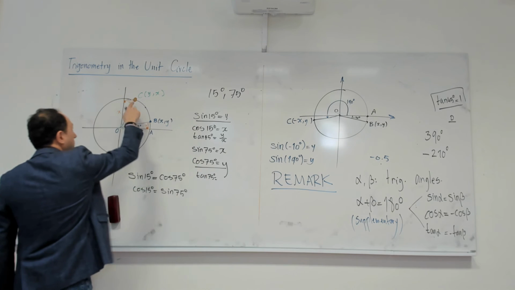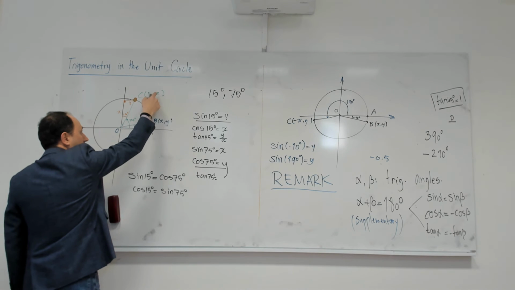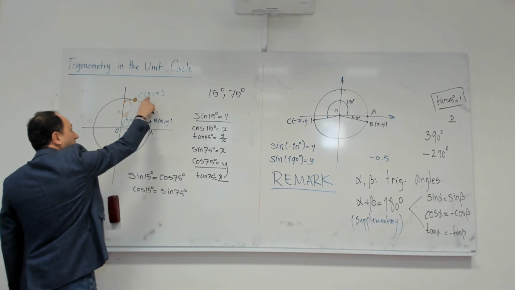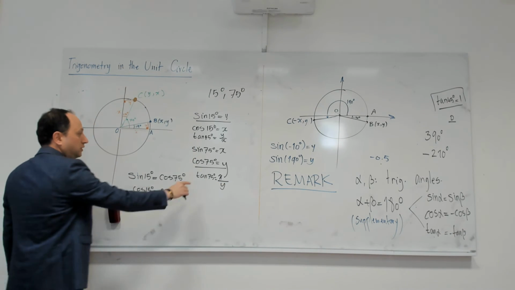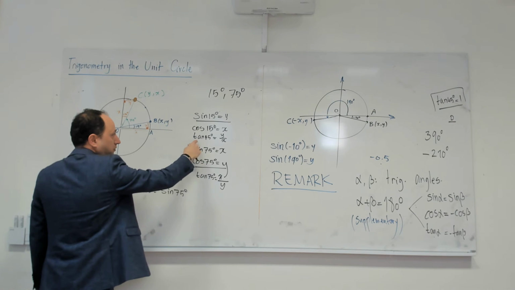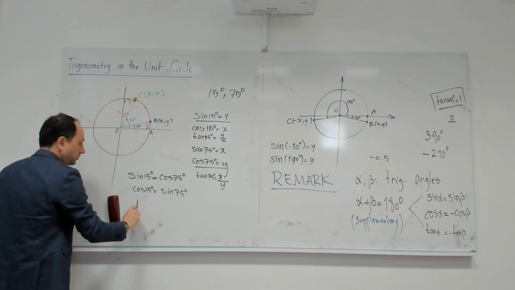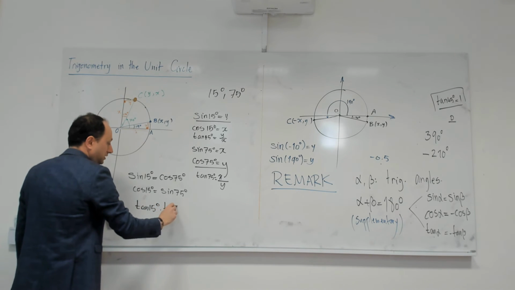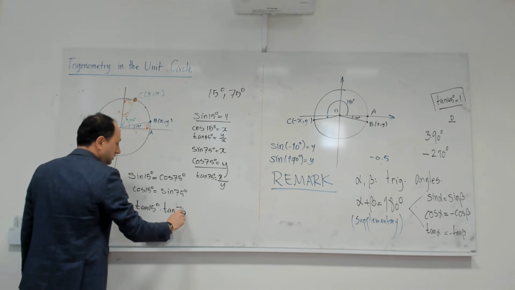You go to 75, you divide the y coordinate, which coincidentally is named x, by the x coordinate, which is named y in this case. And then there is a relation. They are reciprocal of each other. One of them is y over x, the other one is x over y. So you immediately get this result back again. Do you remember we had this before? The product of these two becomes what? 1.